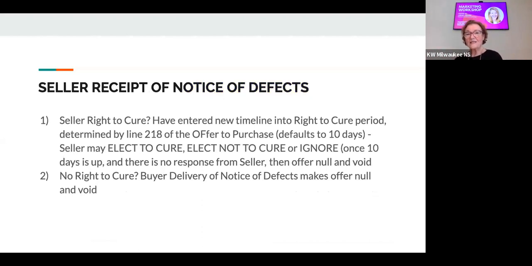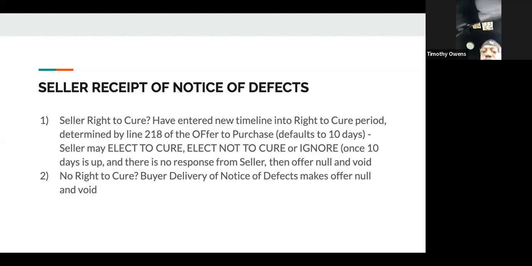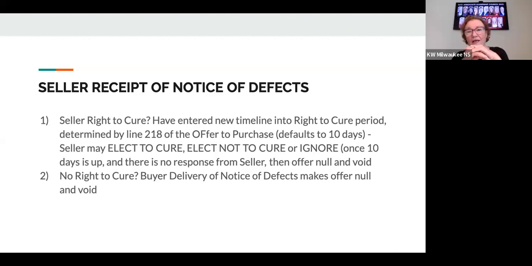So the seller gets this notice of defect. And this is something I get lots of questions on: how do you list these defects? Some agents have literally copied and pasted the defect page from the inspector's report.